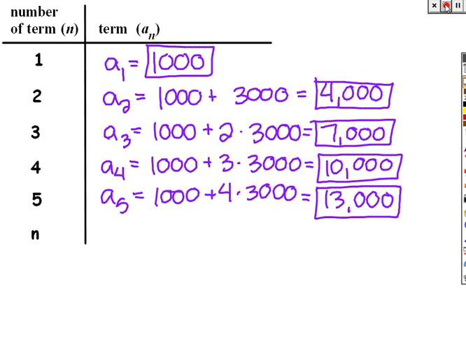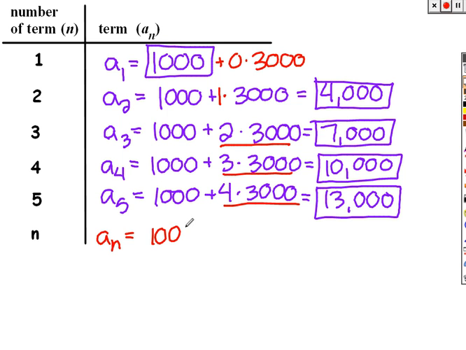And now I've generated the first 5 terms in the sequence. And notice that instead of saying plus 3,000 plus 3,000, I just had 2 times 3,000. If I want to add another 3,000 and another 3,000, I could just say 3 times 3,000, 4 times 3,000. Really, to get the second term, I've added on 3,000 once. And to get the first term, I've added on 3,000 0 times. So maybe you can see a pattern developing here. If I want to get the nth term, well, I need that starting amount.